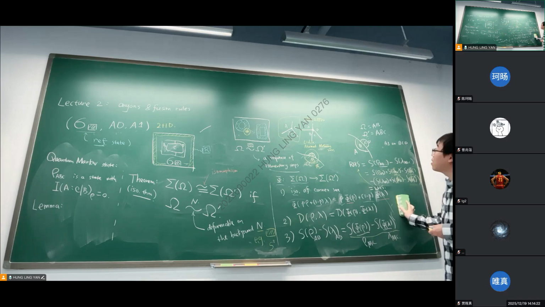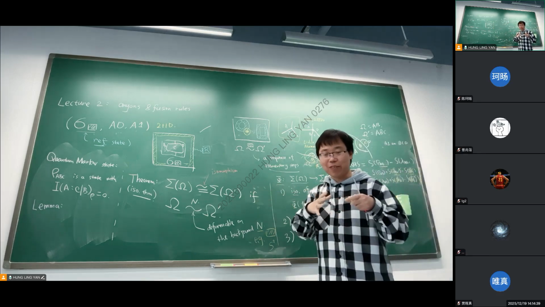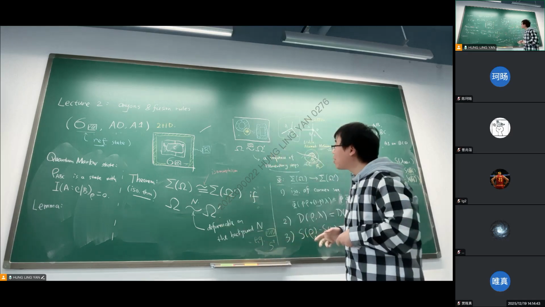All right. So after this, I will sketch some consequences. This is really a big theorem, but now we don't know much structure yet. I didn't tell you why there should be anyons. We now have the statement that the information should be topological. It can be smoothly deformed on the background.